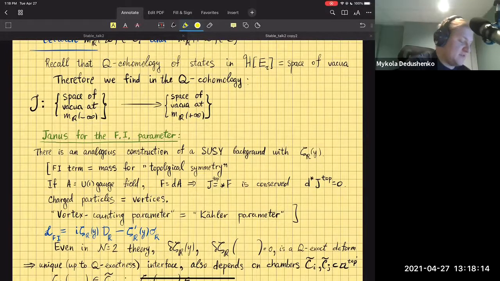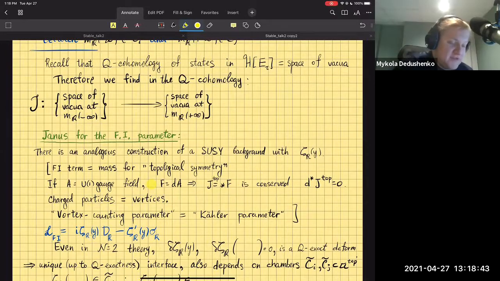And in fact, there's not much difference, because a phi term can be thought of as a mass, but for the topological symmetry, as it's called in physics. So what is it? If you have a U1 gauge field, a dynamical gauge field, the one that you are integrating over in the path integral, you take its curvature and take its Hodge dual, and what you get is what's called the topological current in physics.